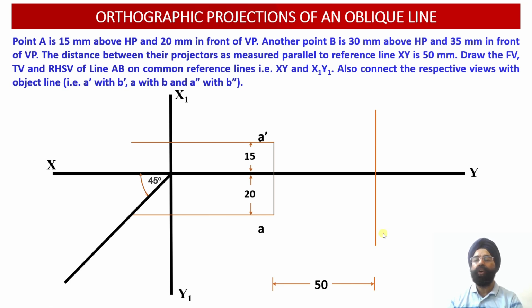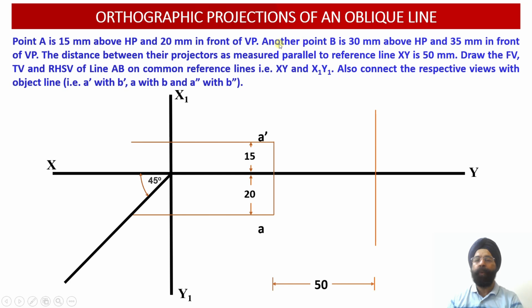Because point B also lies in quadrant number 1. So in the first quadrant, the front view will be located above the XY reference line and the top view will be located below the XY reference line. For that purpose, we need to know the distances of the line above the horizontal plane and the distances of the line in front of the vertical plane.